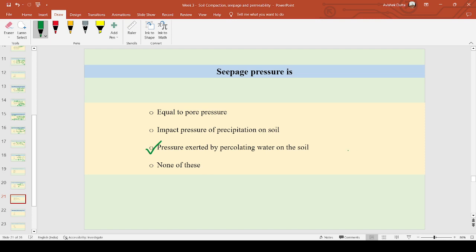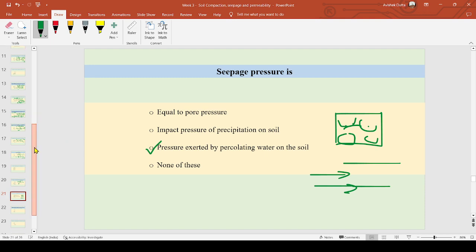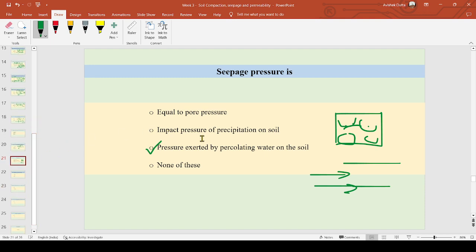This is the cross section of the soil. Then these are the voids in the soil particles. If you see from the side, the water is percolating over here like this. That pressure exerted by the water on the soil is called seepage pressure. It can also be in the upward direction. Next question.